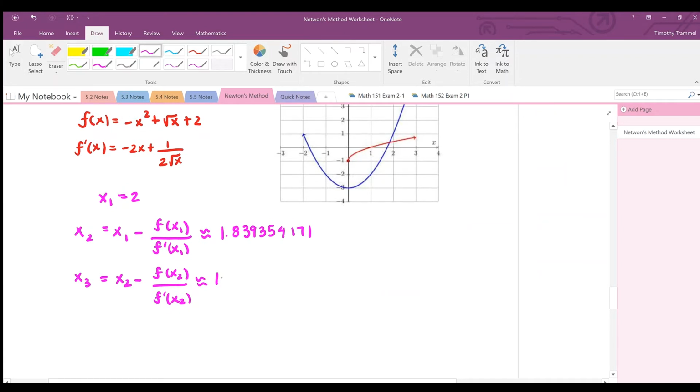And then the next one, x3, is 1.831198,422. And if we were to go one more, x4 would be 1.831177,207. Okay.